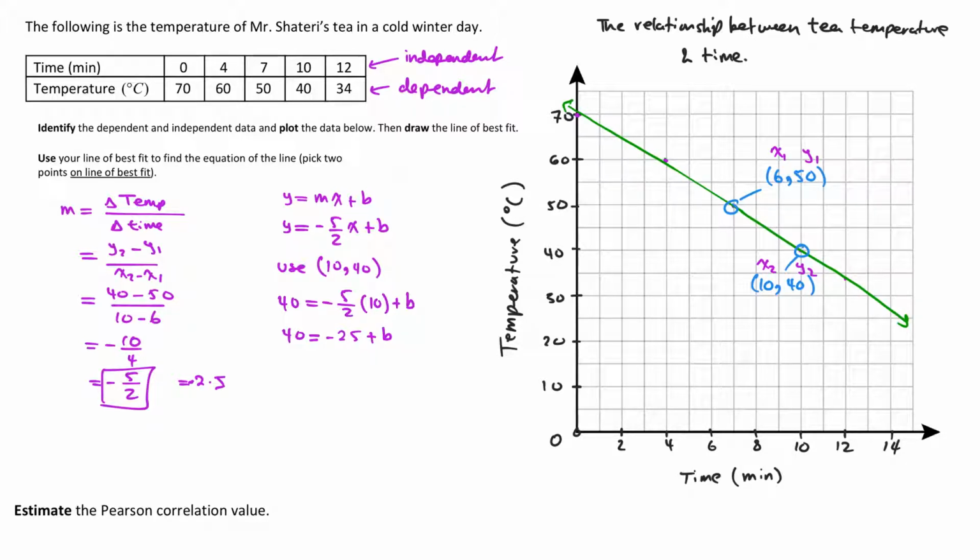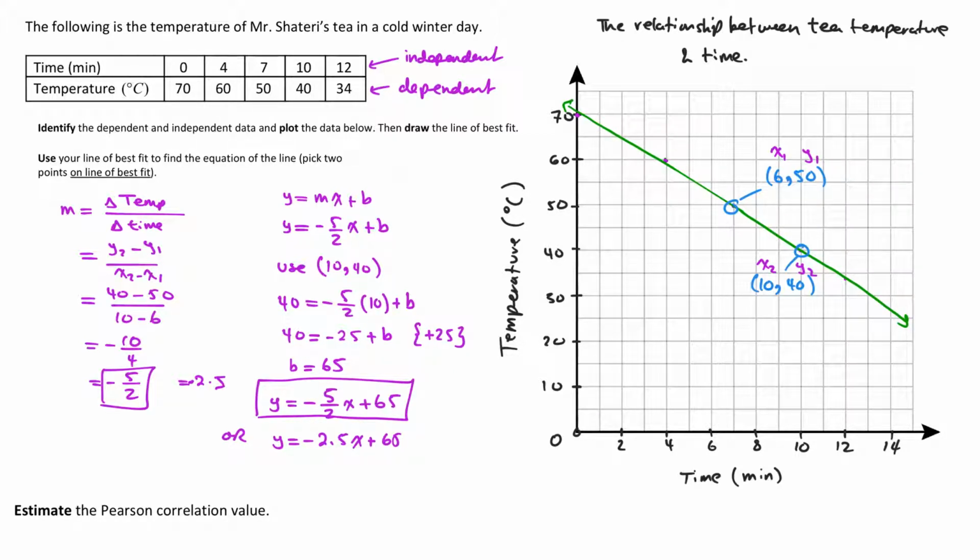And if I solve for b by adding 25 to both sides, I get b is equal to 65. So my final equation will be y is equal to negative 5 over 2 x plus 65, and you could also write this as negative 2.5x plus 65. I will highlight or box my final answer.